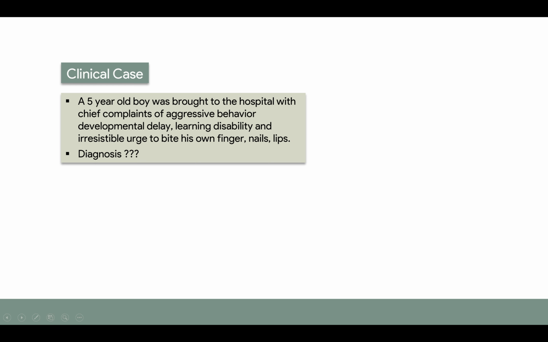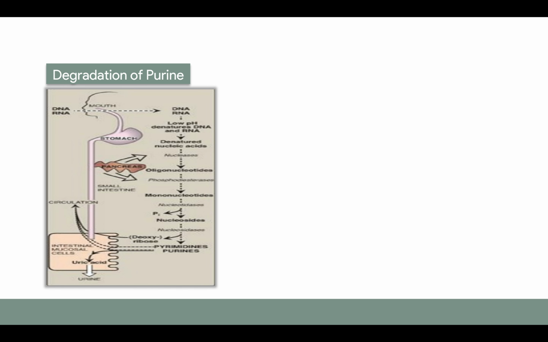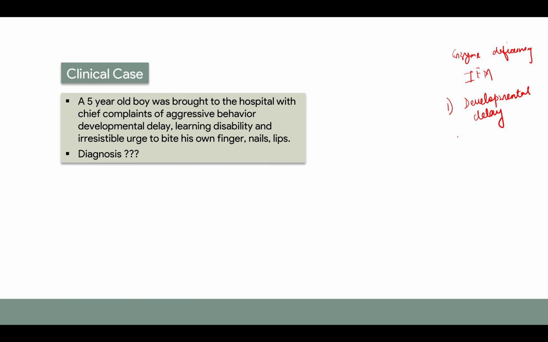Remember that whenever there is an enzyme deficiency or any inborn error of metabolism, the first complaint will be developmental delay, because these are present since birth, so the child doesn't have normal growth.